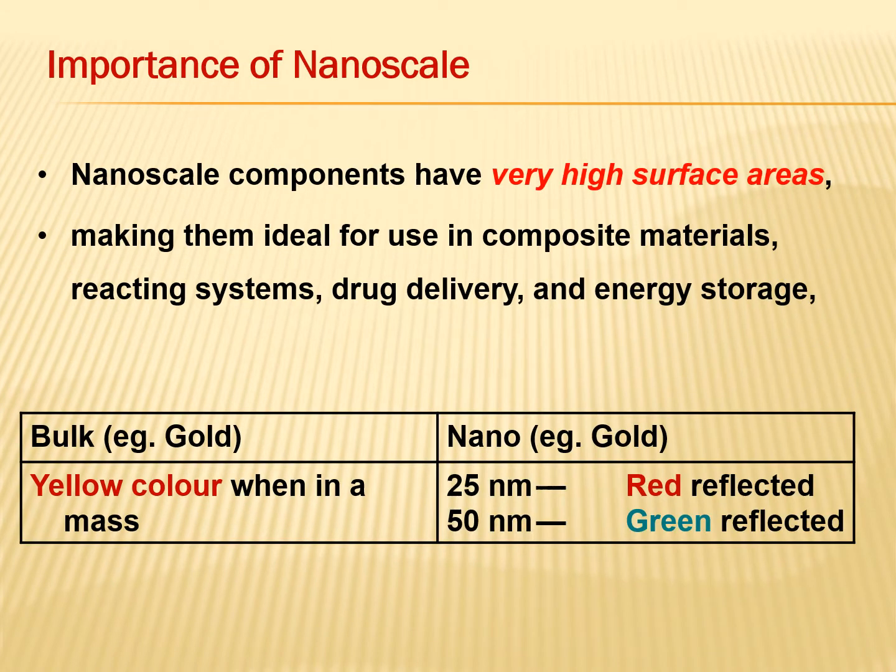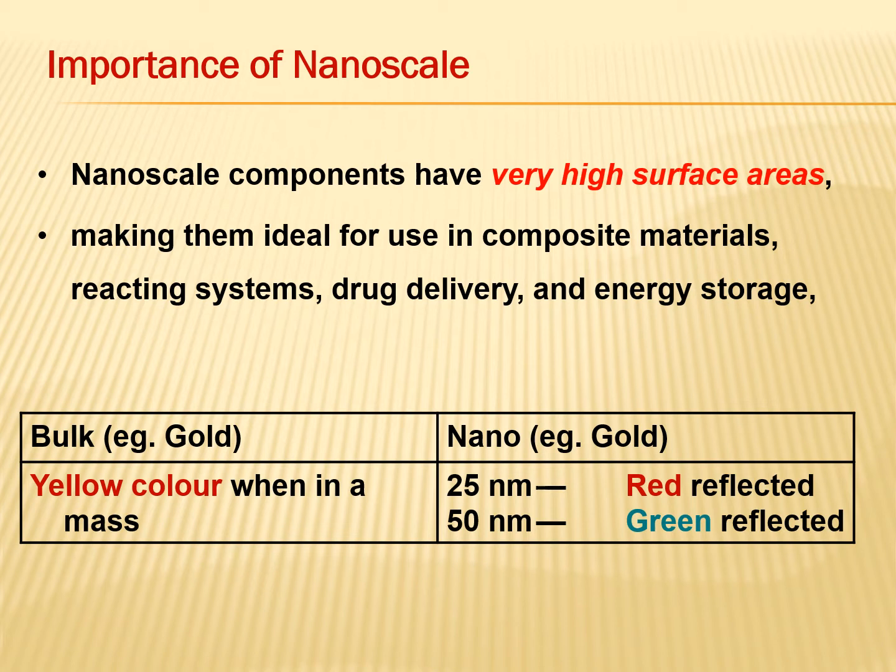Now, what is the importance of nanoscale and how is it different from bulk materials? Nanoscale components have very high surface area, making them ideal for use in composite materials, reacting systems, drug delivery systems, and energy storage devices.